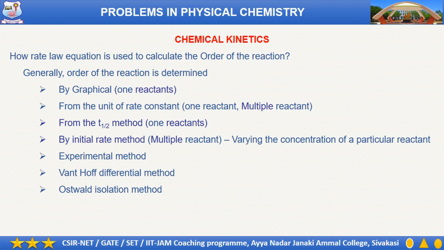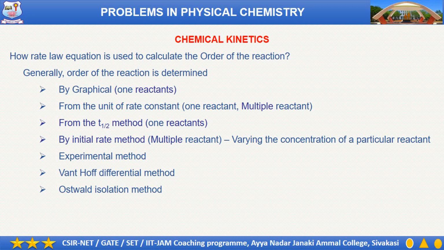After finding the order of the reaction, you may be asked to give the rate law equation for this reaction. After finding the rate law equation, you may be asked to calculate the rate constant of the reaction. And the concentrations of A and B would be given, and the k you have already calculated. Then find out what would be the rate of the reaction at a given concentration.